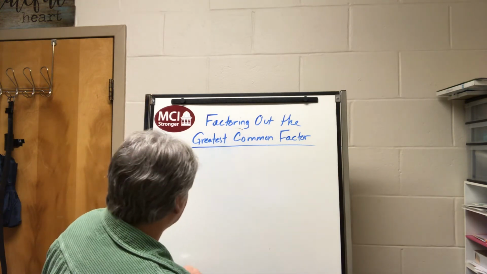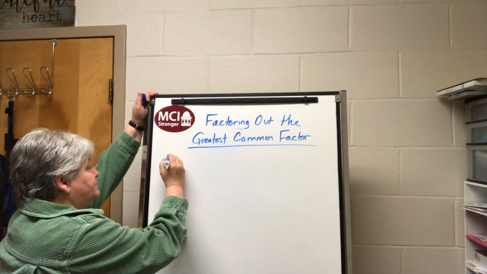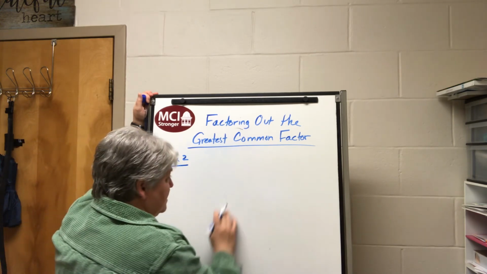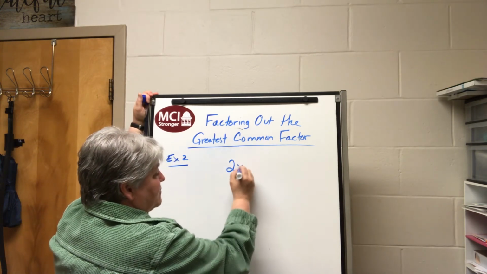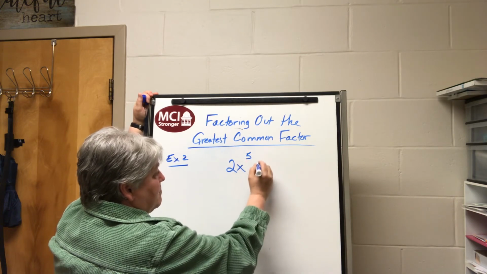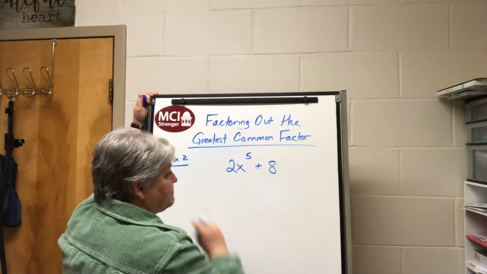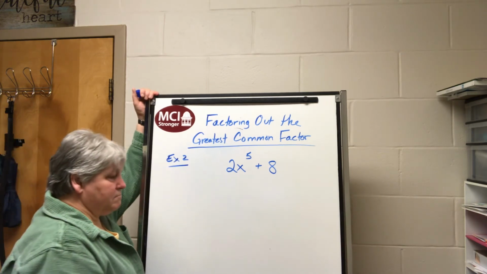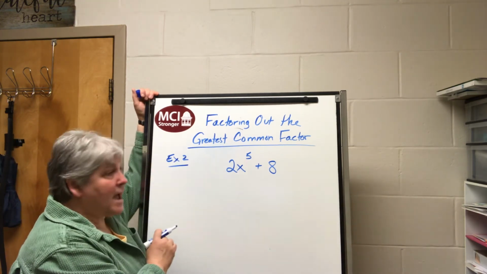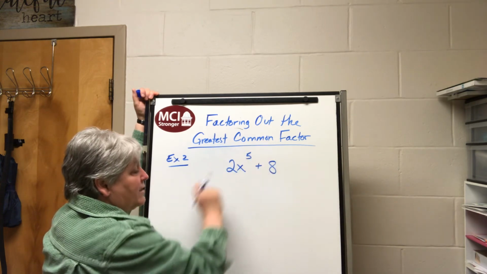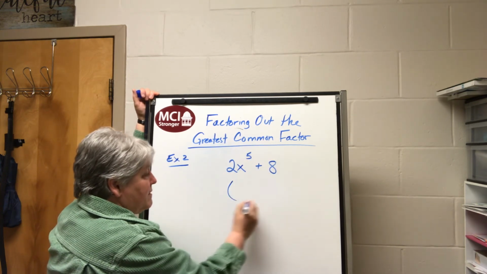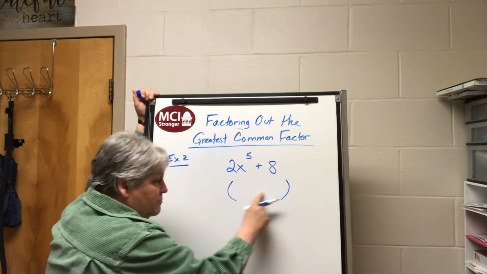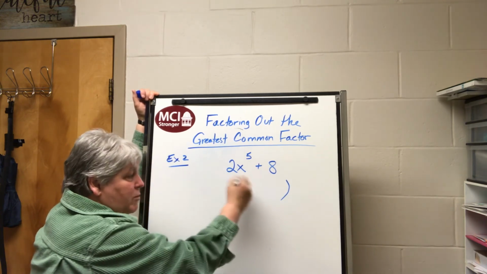Okay, here's example 2. If I had 2x to the 5th plus 8. Again, if this can even be factored using the greatest common factor method, then that means somebody started with something out in front and some terms that are inside here and distributed.